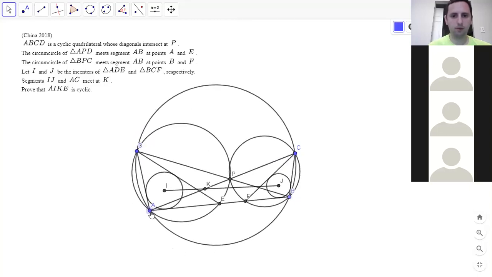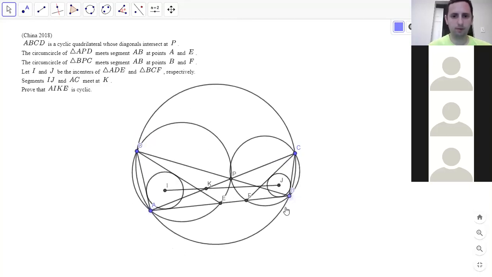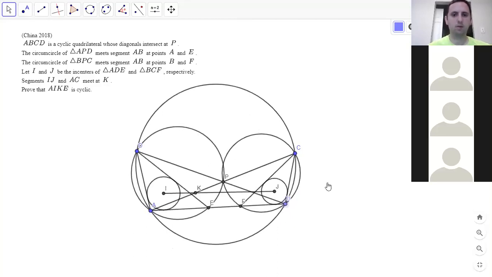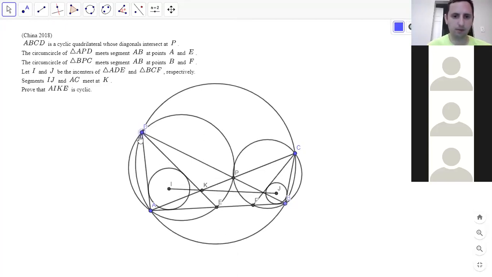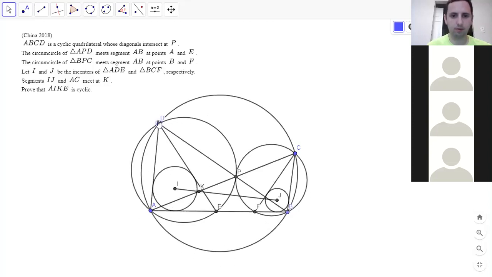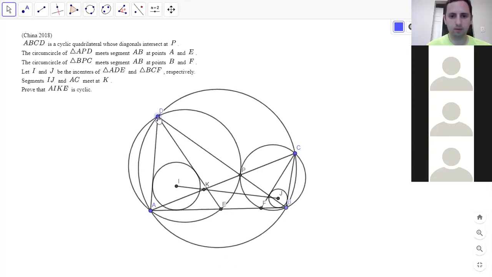Yeah, what if I draw it like this? I kind of like this the best. There you go. It almost looks like IJ's parallel though. I don't want to make it, yeah, it's hard to get everything to look nice. It's enough to prove that PK equals PE.